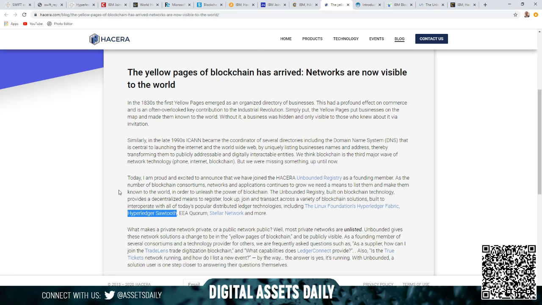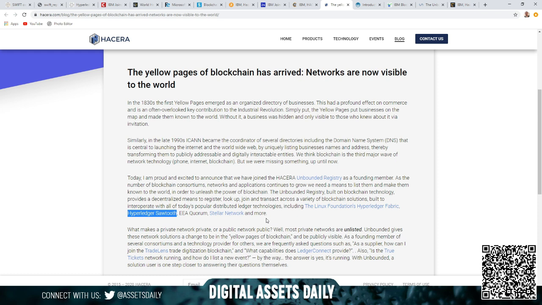In order to unleash the power of blockchain, the Unbounded Registry, built on blockchain technology, provides a decentralized means to register, look up, join, and transact across a variety of blockchain solutions built to interoperate with all of today's popular distributed ledger technologies, the DLT, including the Linux Foundation's Hyperledger Fabric, Hyperledger Sawtooth, EEA Quorum, Stellar Network, and more.